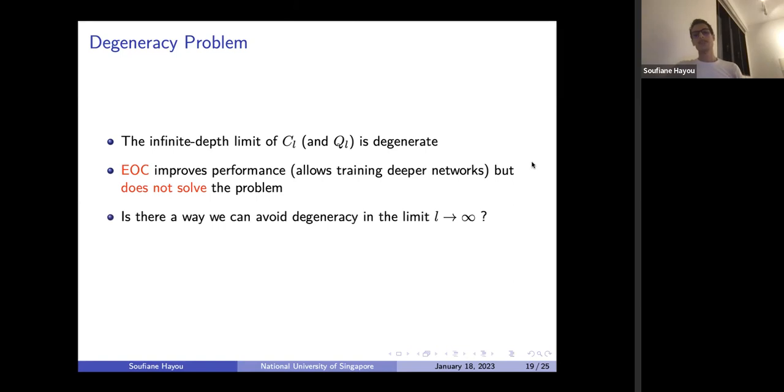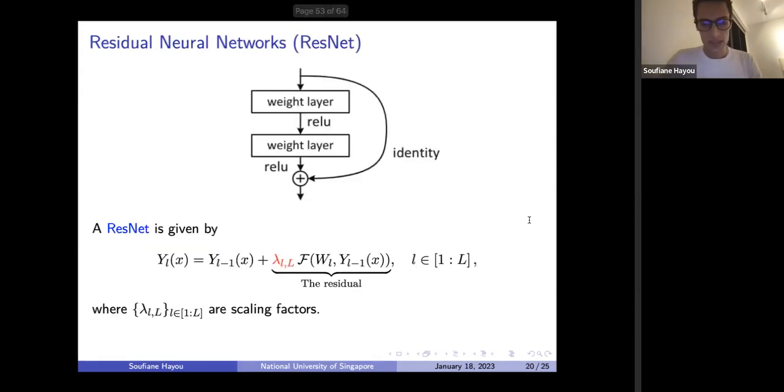So now the question is: is there a way we can avoid degeneracy, really avoid having this correlation converge to 1, which means that the covariance kernel converges to a constant kernel? Well, the answer is yes, using a variant of ResNet that we call stable ResNet. For those of you who are not familiar with ResNet, a ResNet architecture looks like this.